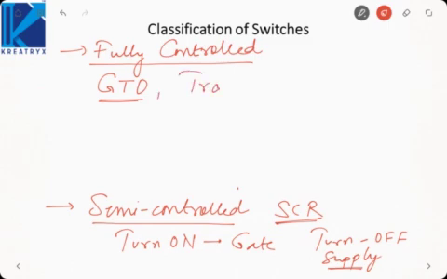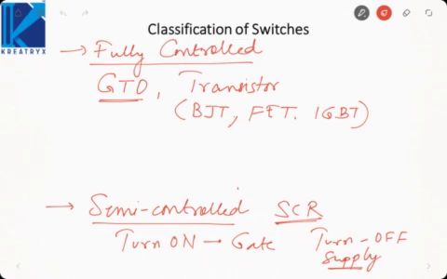Then transistors: no matter what the type of transistor, whether it is BJT, FET or IGBT, all are fully controlled switches. That means by application of a control signal, you can turn the device on and off. So this is the first classification of switches, based on whether or not you are able to control their operation.